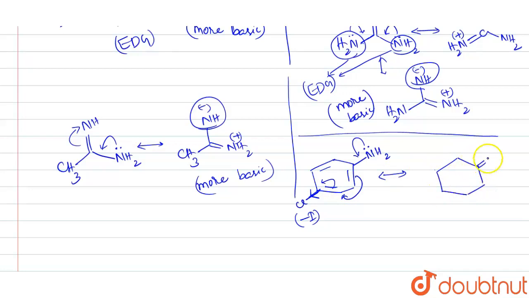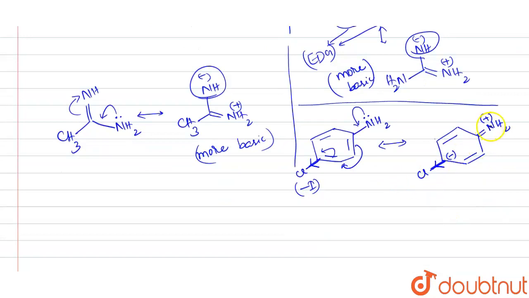And here we see NH2 plus. Here we have these two pi bonds, and here we see this Cl atom, and here we have the negative charge. Now this negative charge is stabilized by this chlorine atom due to its electron withdrawing effect, and that is why the electron density on nitrogen decreases. So this is electron withdrawing group, and this is less basic.